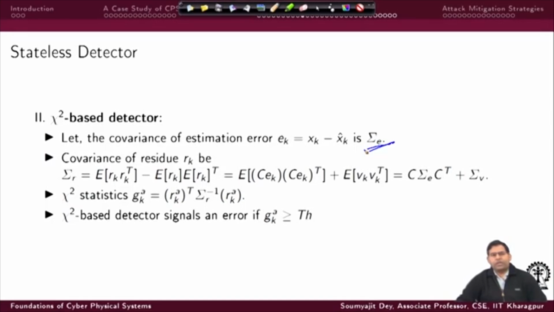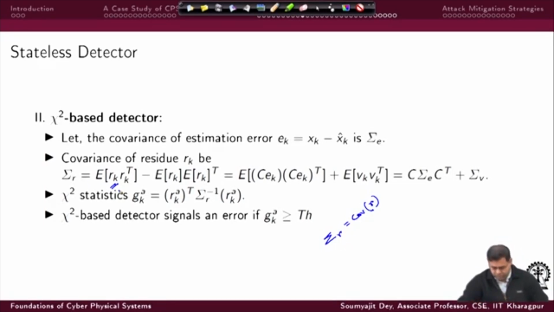So, the chi-square statistic that we are interested in would be the covariance of the residue. Let us see how we can measure it here. For simplicity, this is for the kth instance, so that is why r_k. Let us just write r for any instance in general. This is by definition the covariance of the residue in the kth instance.